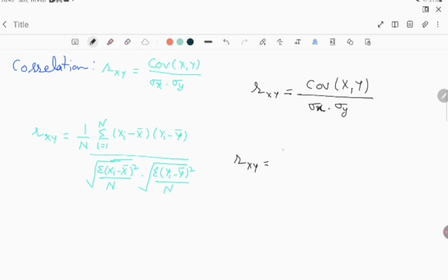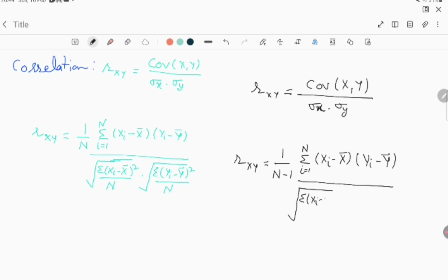Covariance of xy is 1 upon n minus 1, summation i equals 1 to n, xi minus x bar multiplied by yi minus y bar, divided by the standard deviation of x, summation xi minus x bar squared divided by n minus 1, multiplied by the standard deviation of y, summation yi minus y bar squared divided by n minus 1.